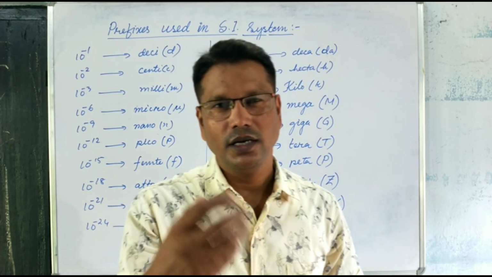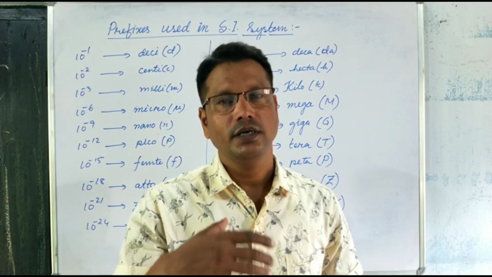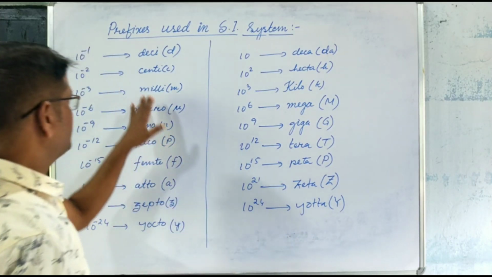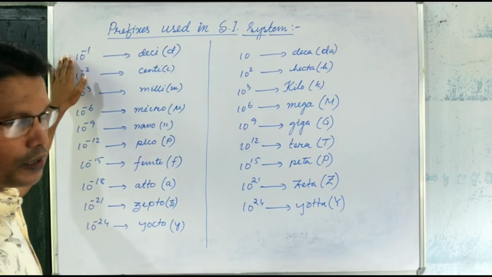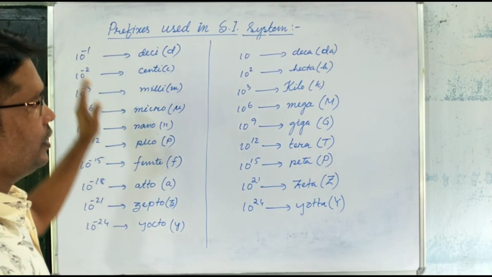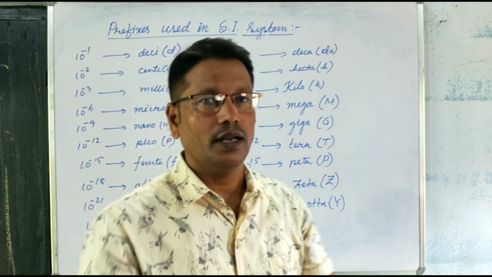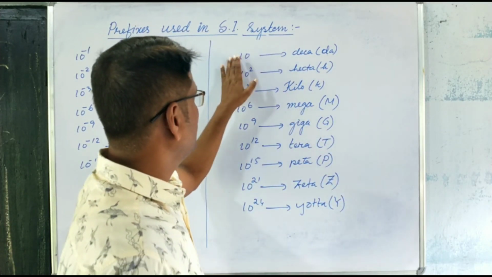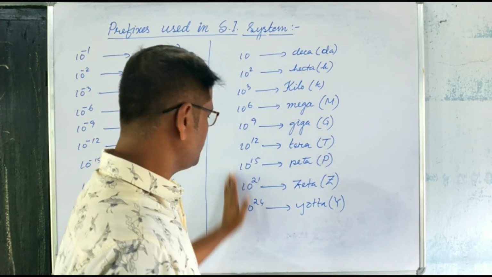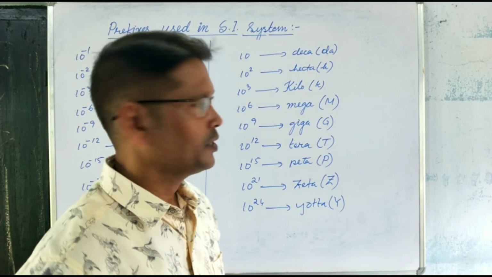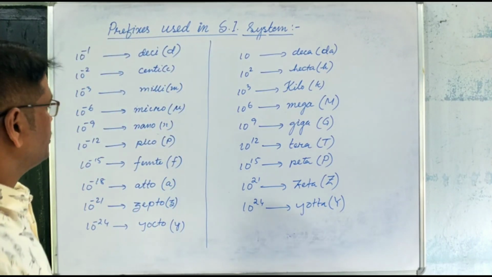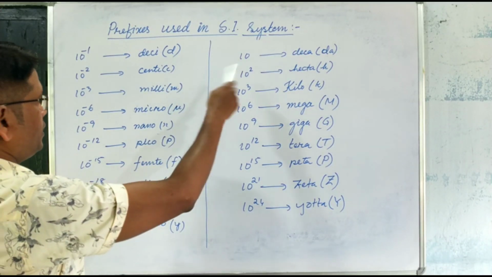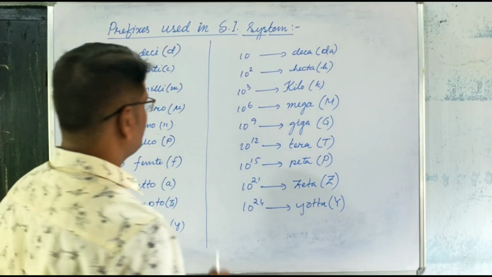That means for the small value of any physical quantity, we use the prefixes in terms of negative power of 10, and in case of large value of a physical quantity, we use the prefixes in terms of positive power of 10.